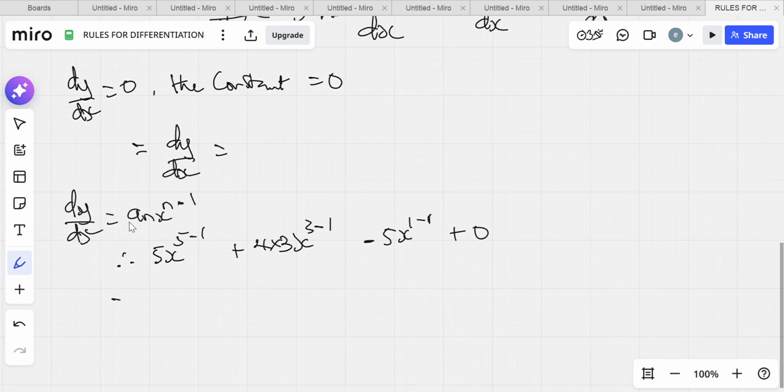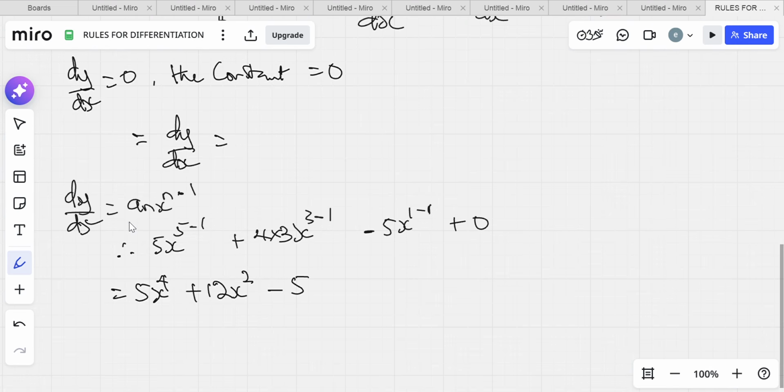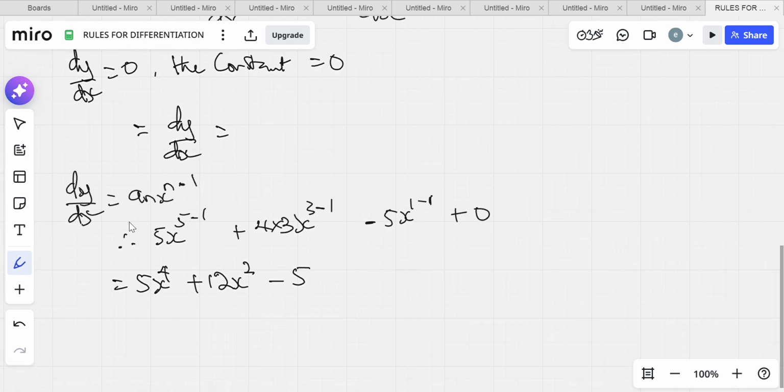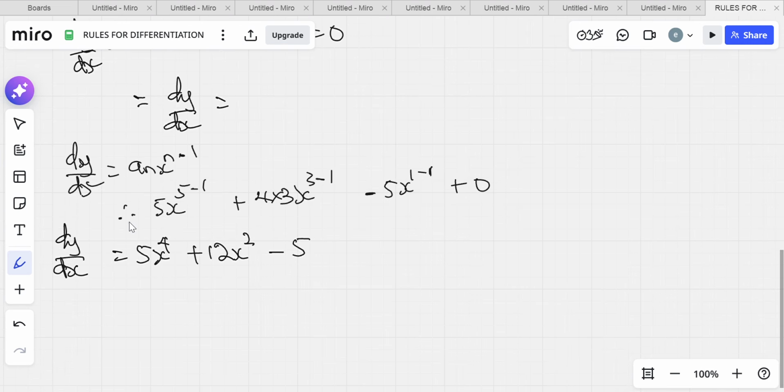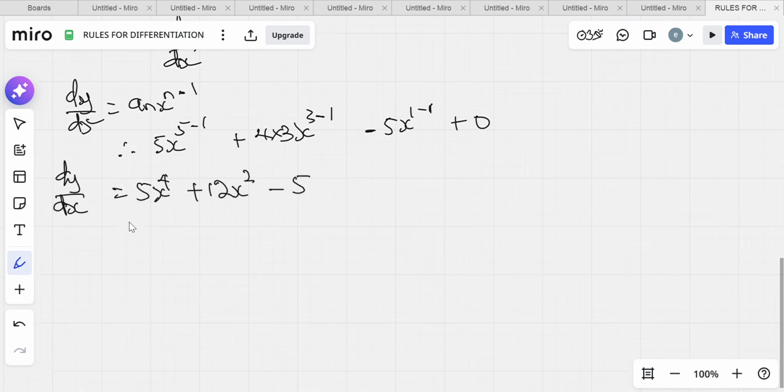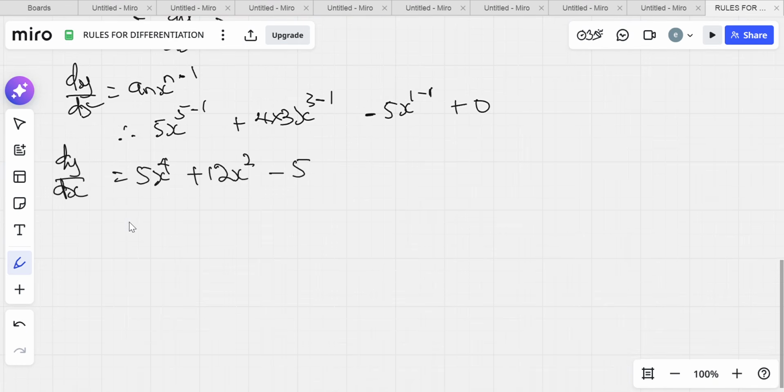So this one will leave us with 5x raised to power 4 plus 12x raised to the power 2 minus 5, because x raised to power 1 minus 1 is x raised to power 0, and anything raised to power 0 is 1. Okay, so we have now differentiated it, stating that dy over dx is equal to 5x raised to the power 4 plus 12x raised to the power 2 minus 5.